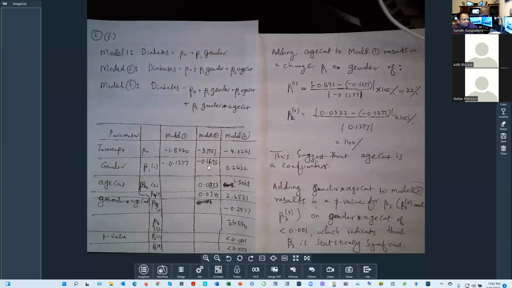So 0.4553. Especially this one: by adding age cat, the second model, gender has been changed. By adding this one, see how much it has changed with respect to this one. The third model is like that, but both have higher values.